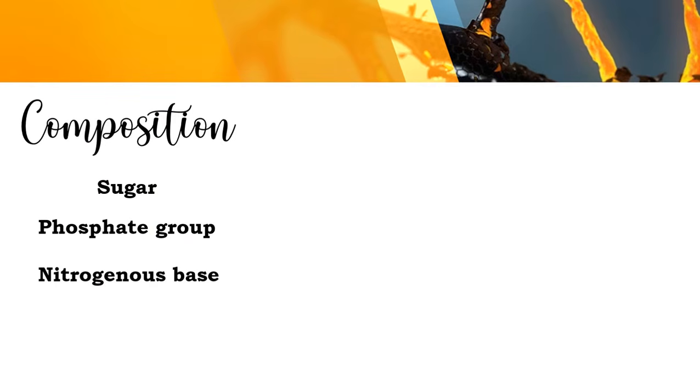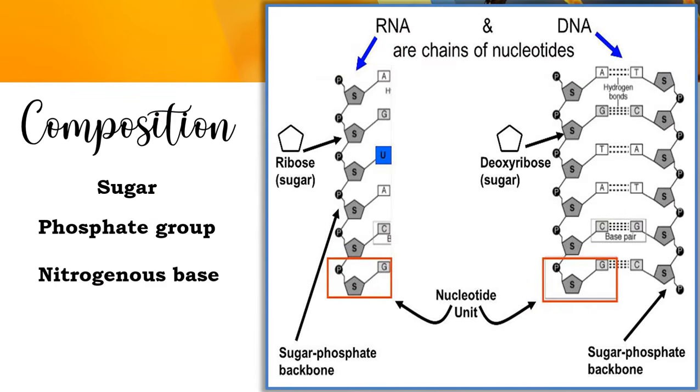Composition of DNA and RNA. As you can see in the figure, we have the nucleotide. Ito ang nucleotide ng RNA at ito naman ay sa DNA. A nucleotide comprises a sugar, phosphate group, and nitrogenous base.